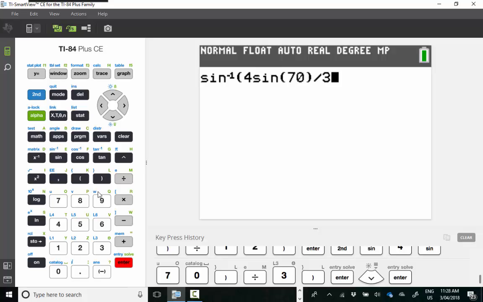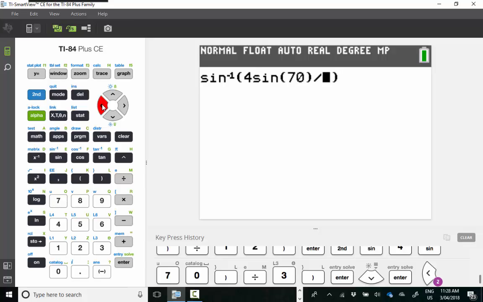Inverse sine. It may be that the angle doesn't exist. That triangle can't exist because the sides are too long.